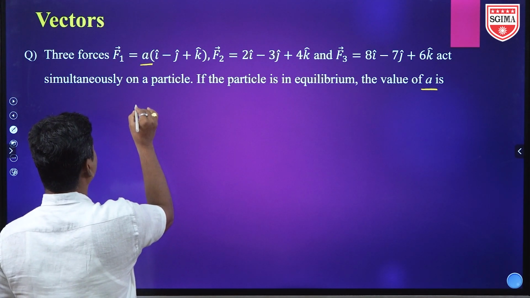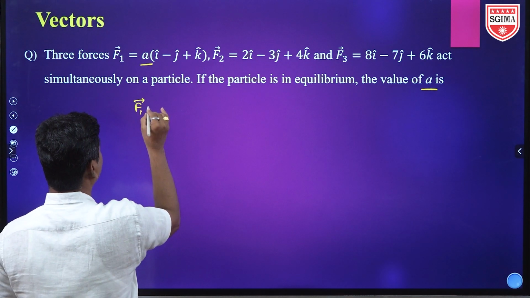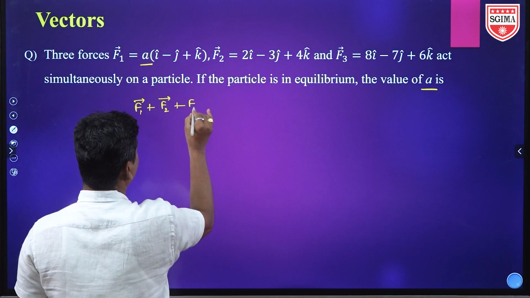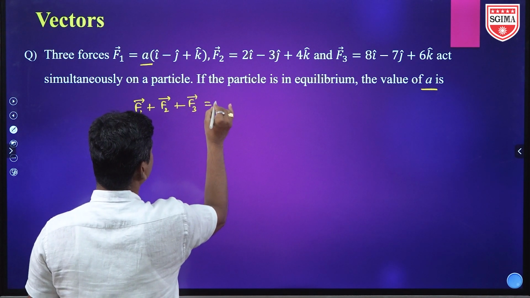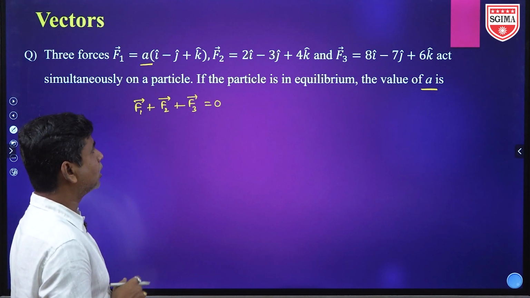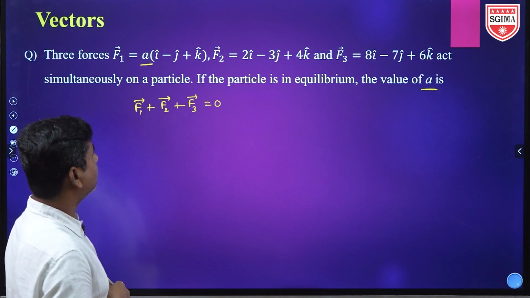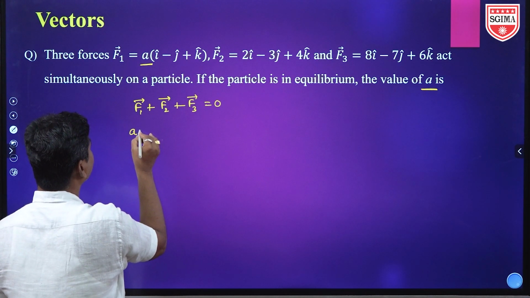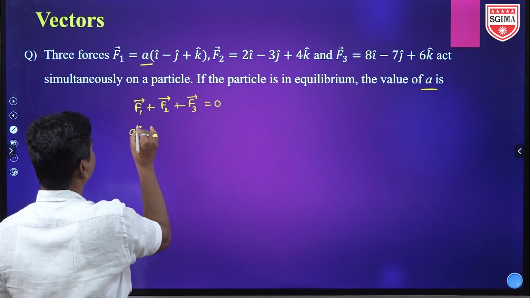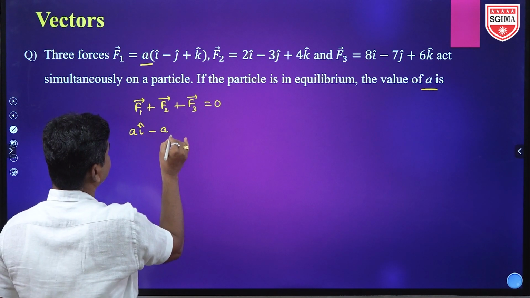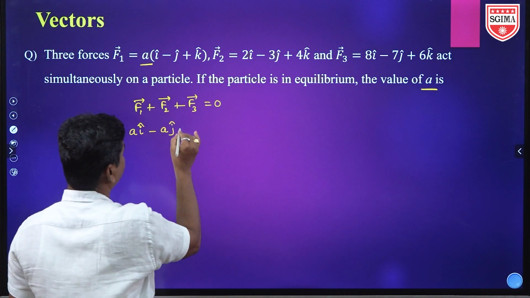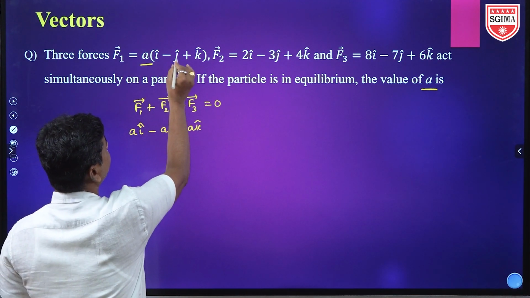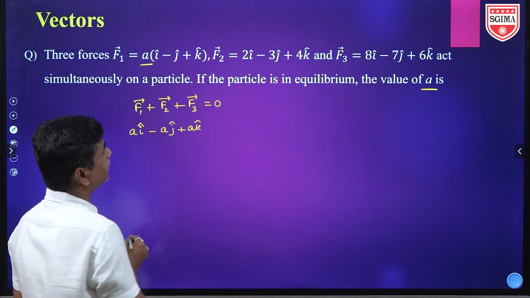So F1 bar plus F2 bar plus F3 bar equals 0. The net or resultant force acting on the particle equals 0. Then F1 is a i cap minus a j cap plus a k cap.